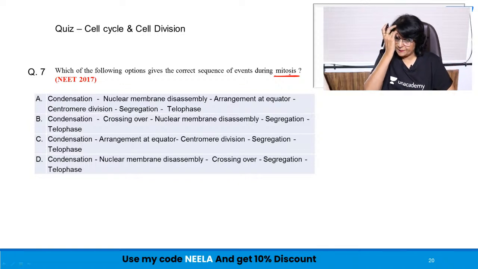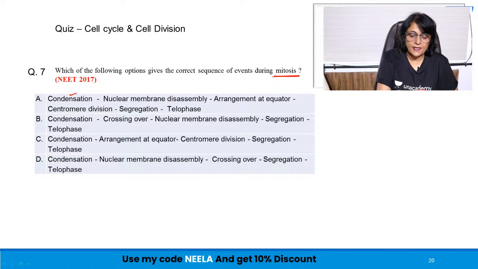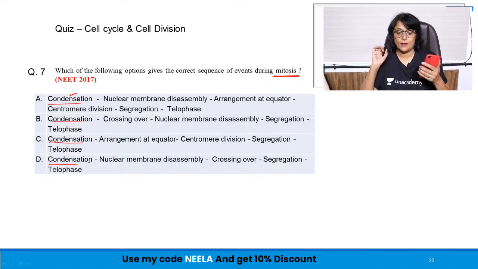Let us see what happens in mitosis if we have to recap the process. The nuclear membrane dissociates, but before that condensation starts of the chromatin fiber, because dissociation is going to start in early prophase and will get completed in late prophase. So the first is condensation in all 4 options, so that is easier for us.